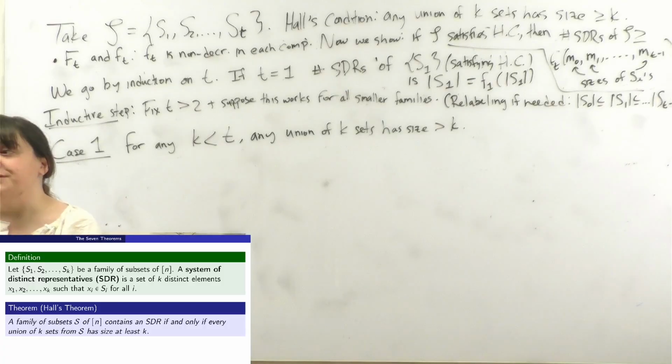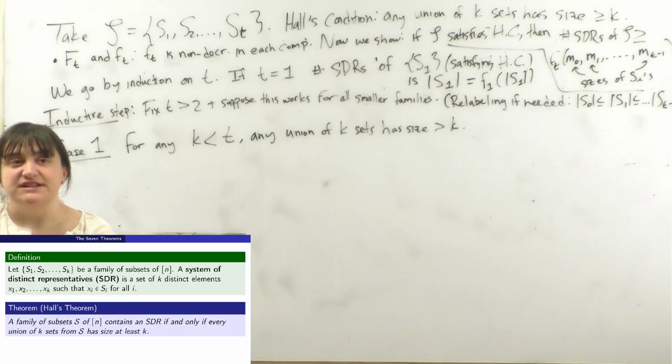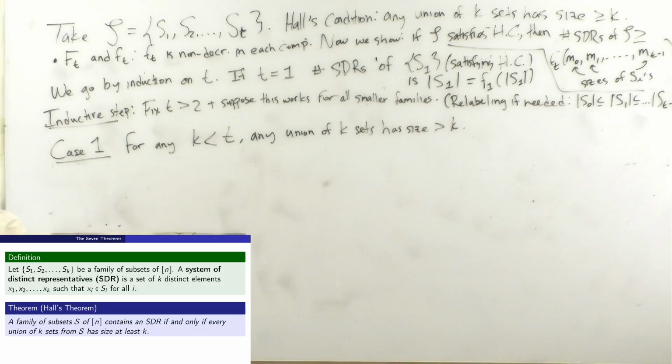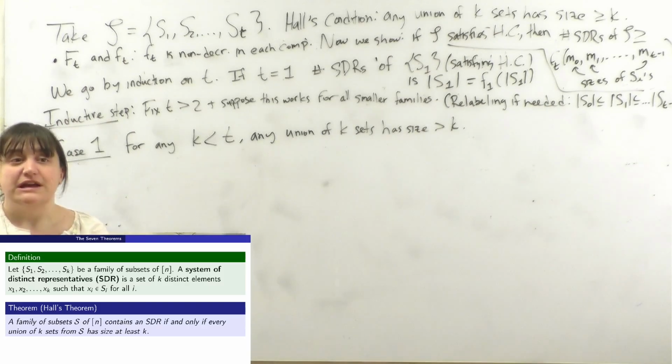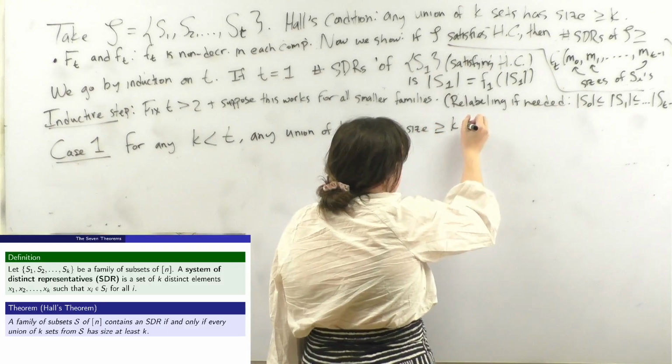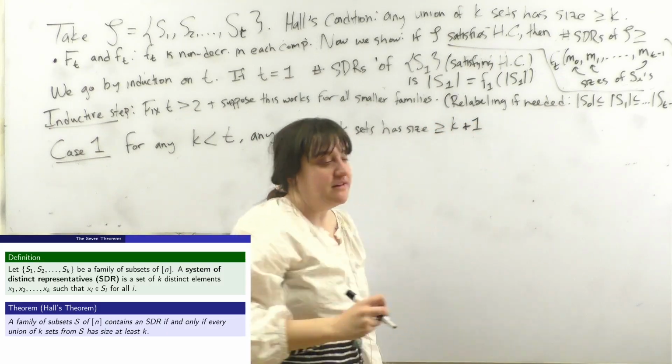So this certainly could happen if Hall's condition is satisfied. It could be that it's never tight. If Hall's condition is never tight, you look at the union of k things, you need that to have size at least k, but you always get even more than you need. You always get at least k plus 1. Maybe I'll even write this as bigger than or equal to k plus 1.